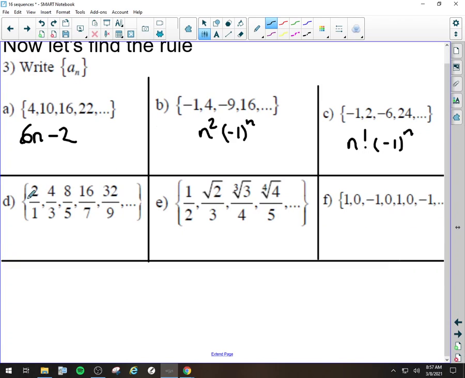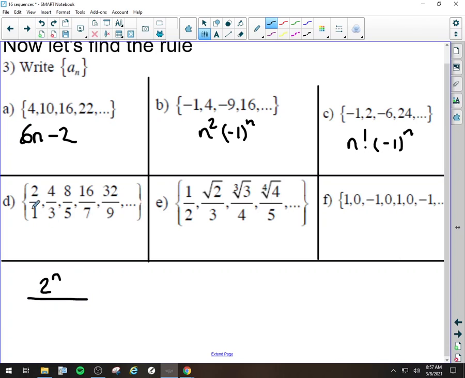All right, what's our next one? Now we've got fractions. In fraction ones, you can essentially think about the top and bottom separately. Looks like the top is 2, 4, 8, 16, 32. We're multiplying by 2 each time, so we'd say this is 2 to the n, right?